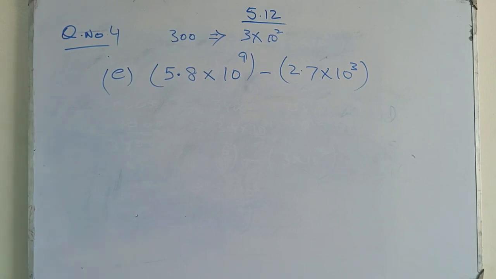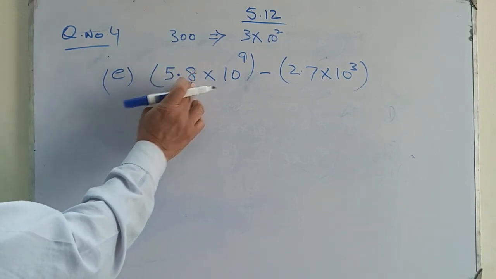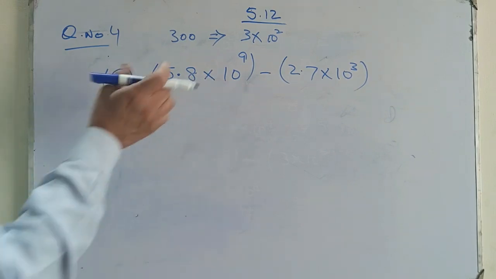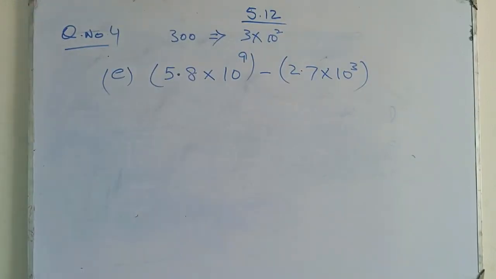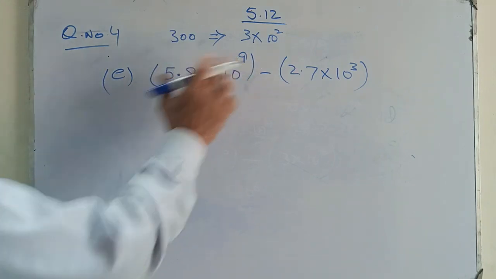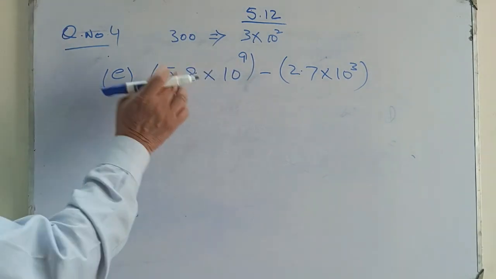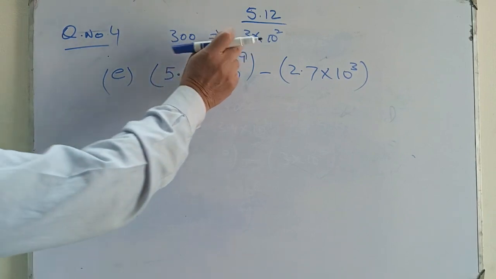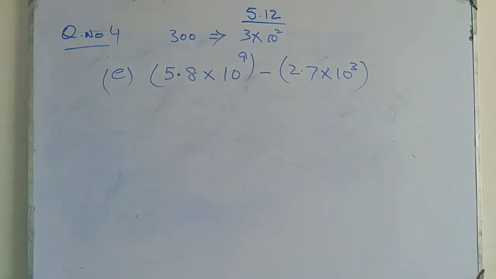Okay, now you see that this is 5.8 into 10 raised to power 9, that means 58, and there are 8 zeros ahead of it, not 9. But when you put a point, then it must be written like this.